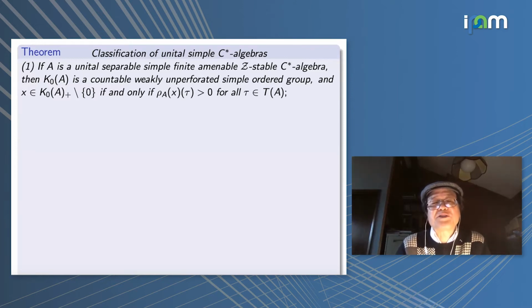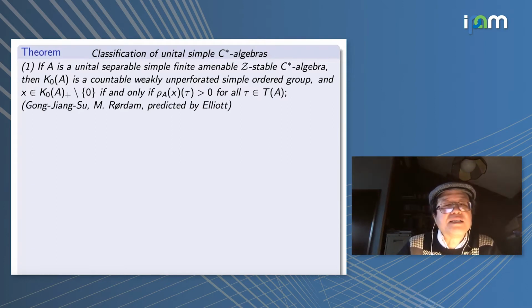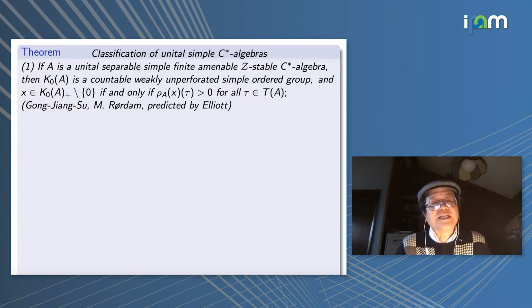K0 is always a countable weakly unperforated simple ordered group, and an element is positive if and only if the pairing gives you a strictly positive element, of course. I think this was predicted by George Elliott. It's a theorem of Gong, Jiang, Su, and Michael Rørdam, I think.